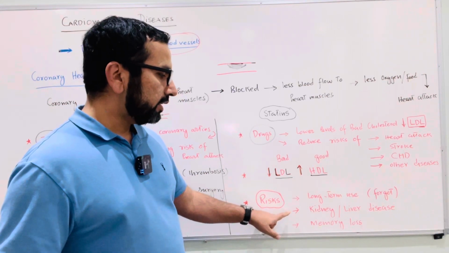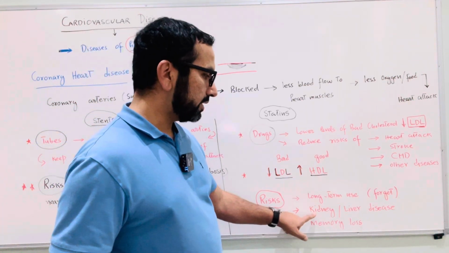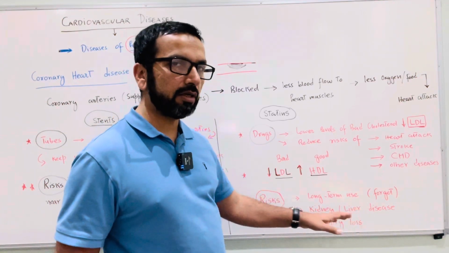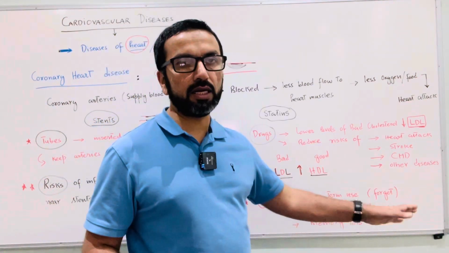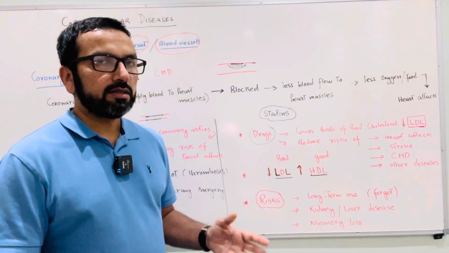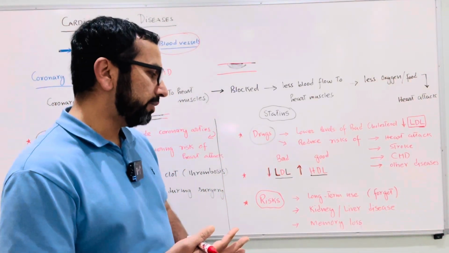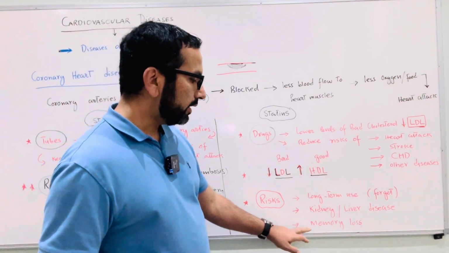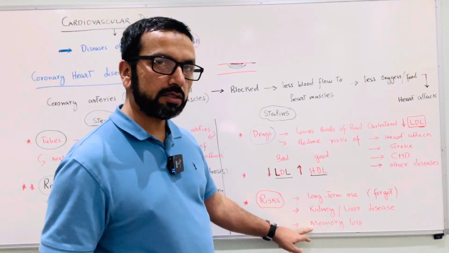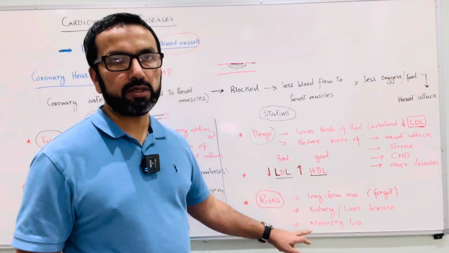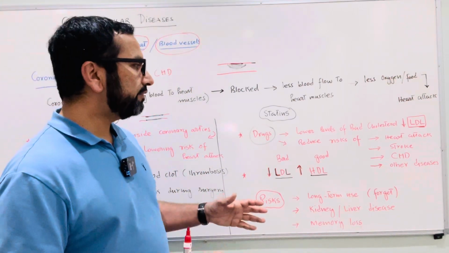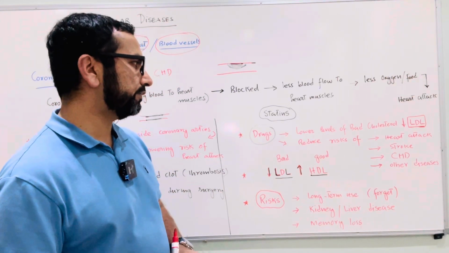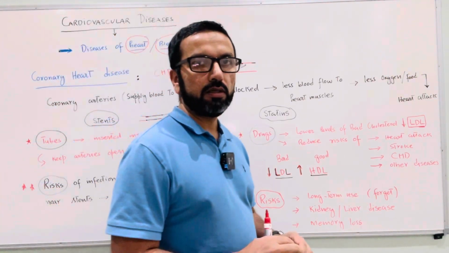In the long run, there is a risk that these medicines can affect the function of the kidneys and liver, and there is a chance of kidney or liver failure. They also affect the memory, meaning in the long run there could be memory loss, but the benefits outweigh the risks and setbacks of using statins.